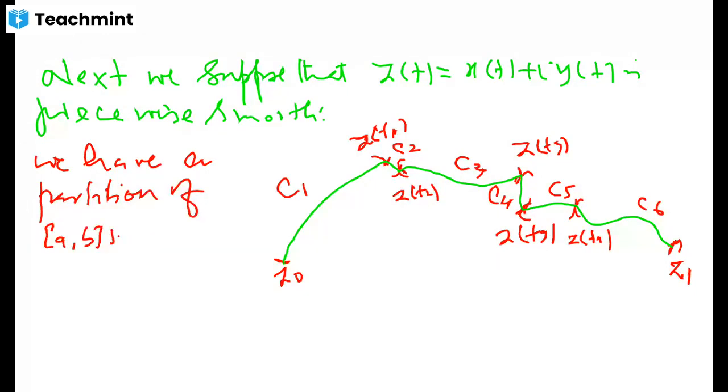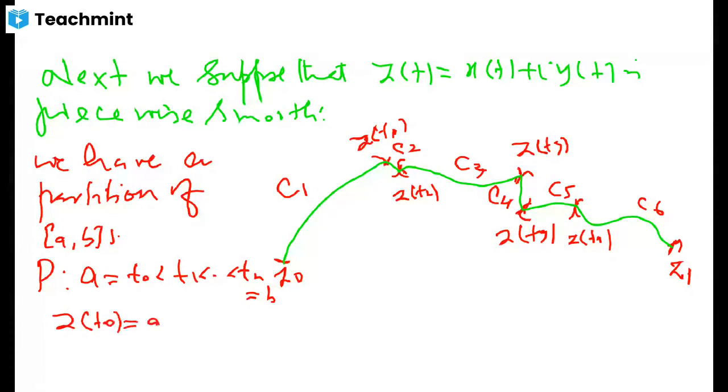You will get a partition starting with T naught, T1, and so on up to Tn, where Tn will be your point B, such that Z of T naught will be A, and Z of Tn will be B. And Z of T1 and Z of T naught will be the terminal and the initial point of the piece C1.